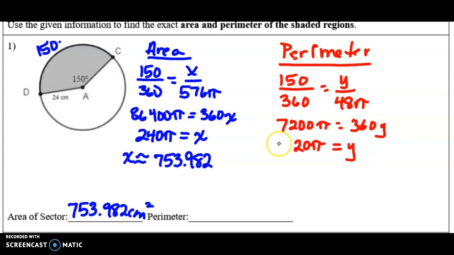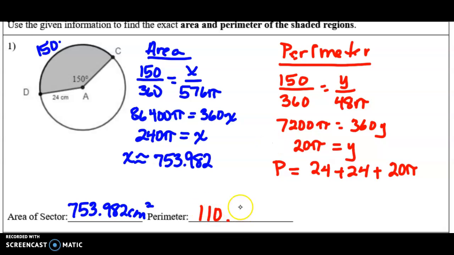So the perimeter of the sector would be 2 radii plus the arc length. And if you get an approximation for that, it is going to be 110.832, and that would be in centimeters.